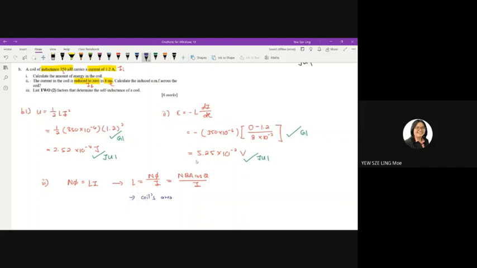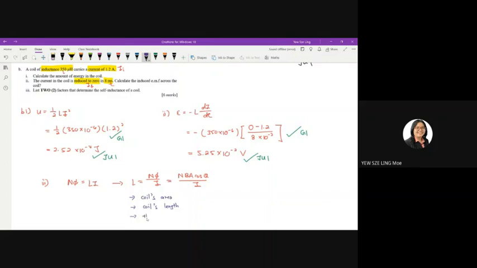So how is it going to affect the B? If you remember the things that you learned in chapter 4, then the coil's length is the one that affects the value of B. Okay, coil's length. And then the number of turns, the N right here.